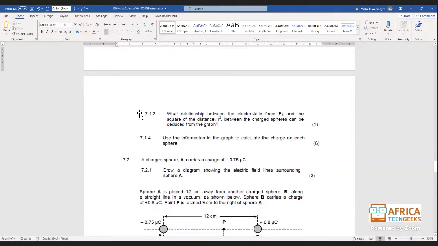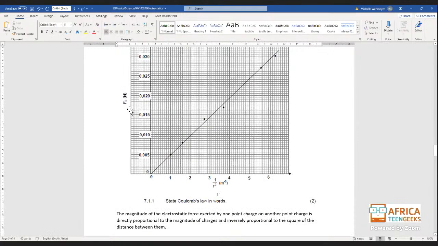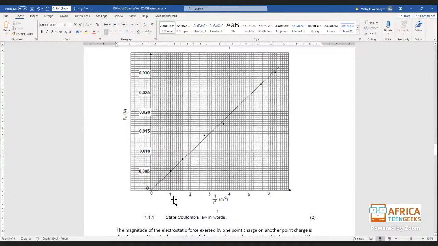Okay, then they say what relationship between the electrostatic force Fe and the square of the distance R squared between charged spheres can be deduced from the graph. So if you look at that, you've got your Fe on your y-axis, you've got your 1 over R squared on your x-axis, and it makes a straight line. So whenever there's a straight line, it means there's a direct proportionality.